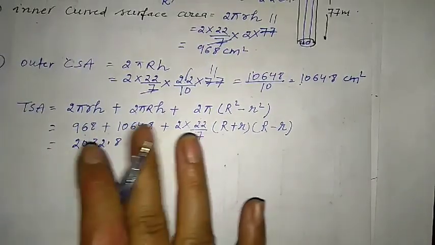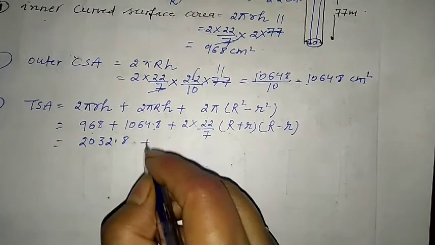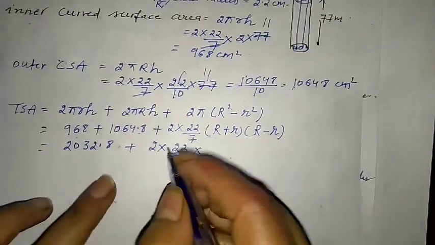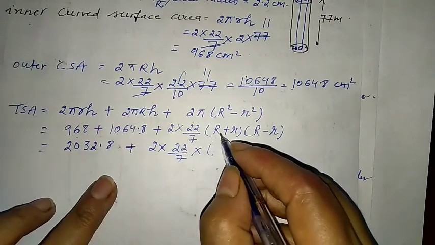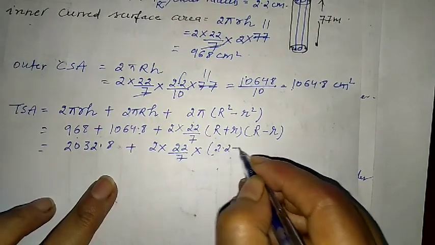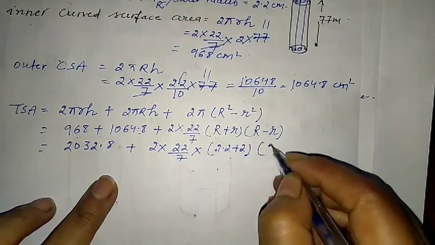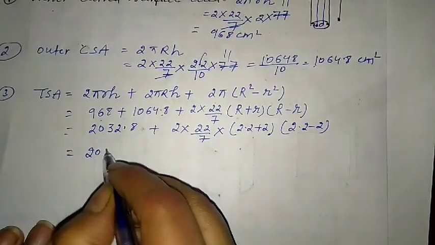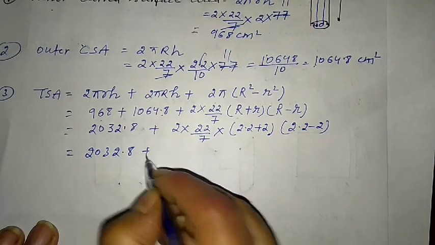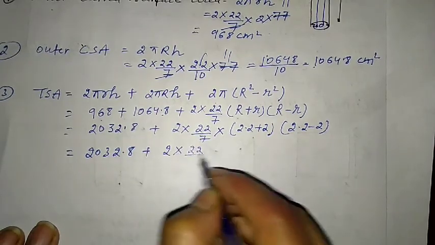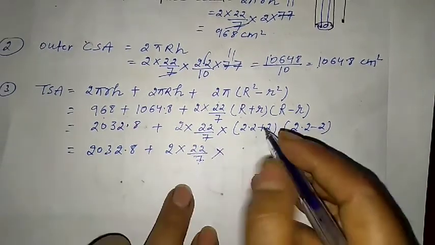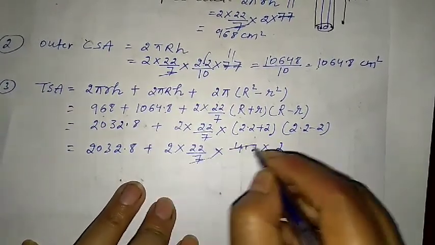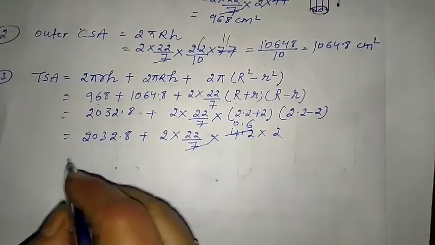This is the total of these two, plus 2 into 22 upon 7 multiplied by R plus r, capital R is 2.2, small r is 2, so this is 2.2 plus 2 and 2.2 minus 2. So we have here 2032.8 plus 2 into 22 upon 7, this becomes 4.2 and this becomes 0.2. So this will be 0.6.